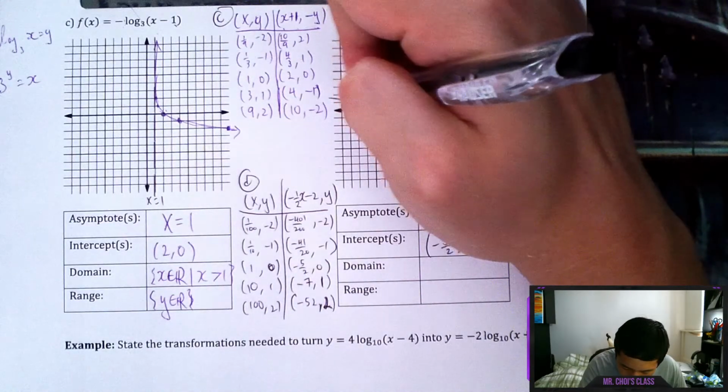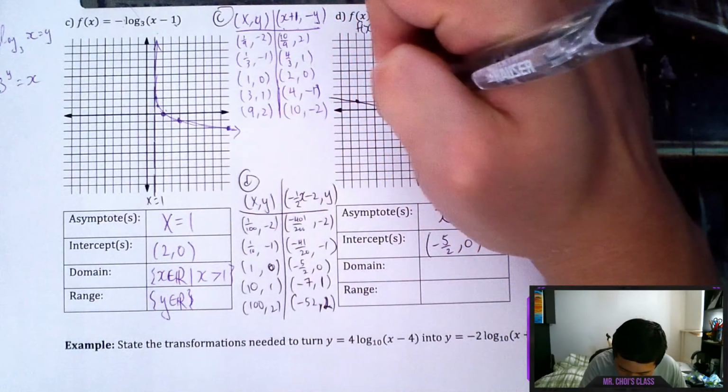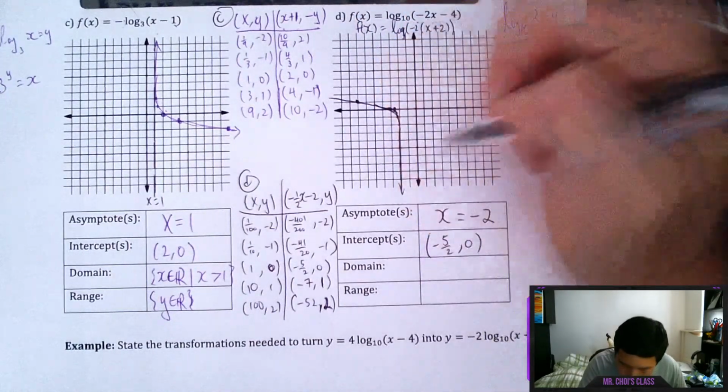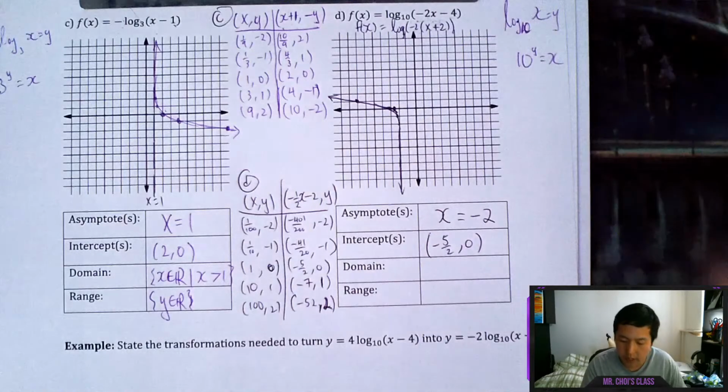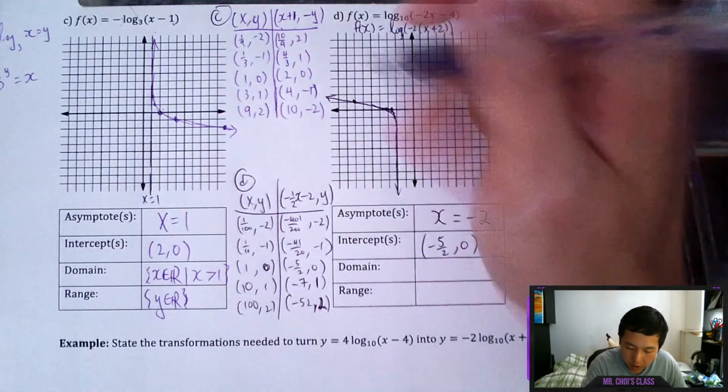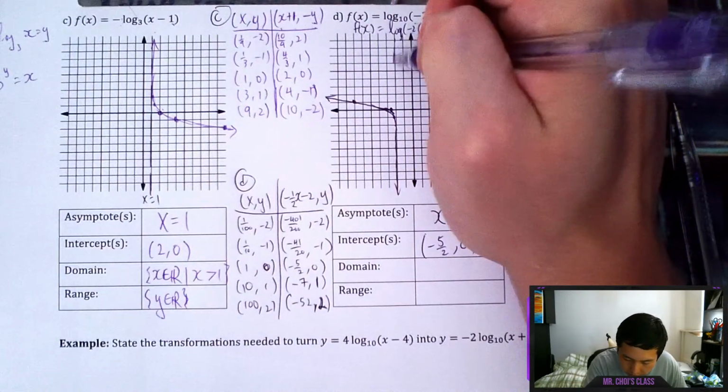So our best guess would be that the graph really hugs that x equals negative 2 asymptote there, right? So we're going to have an asymptote that goes down here.